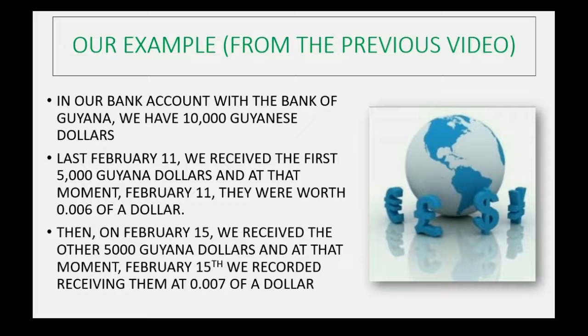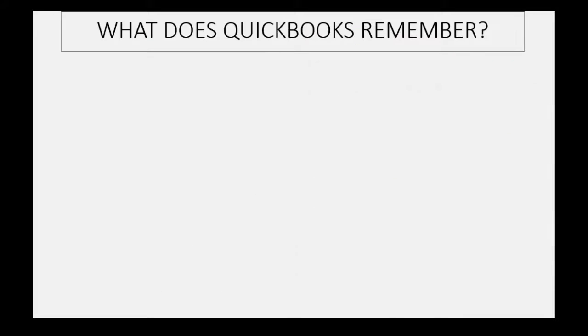Then, a few days later, on February 15th, we received the other 5,000 Guyana dollars, and at that moment, February 15th, we recorded receiving them at 0.007 of a dollar.